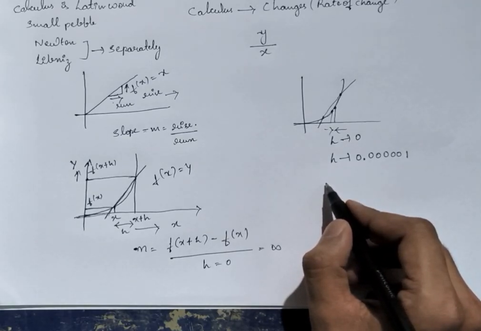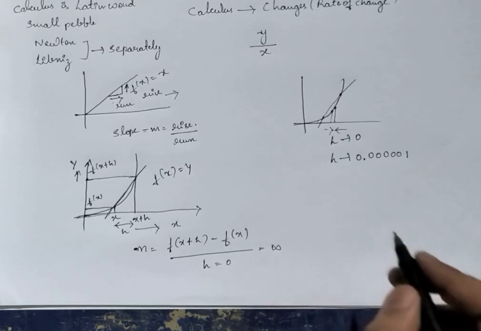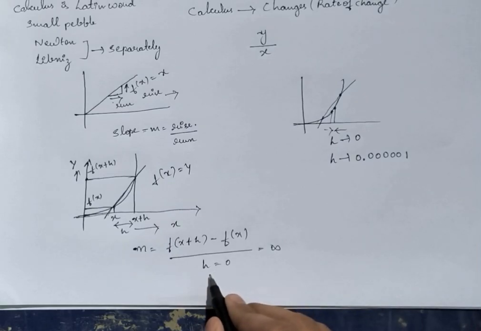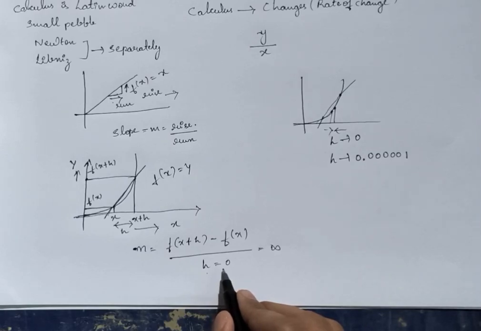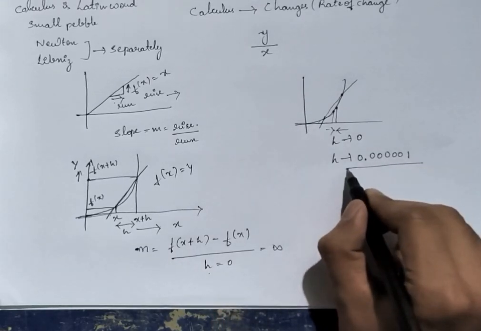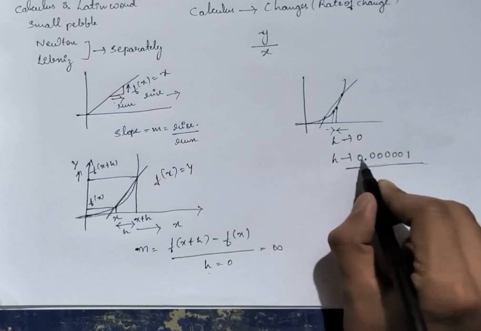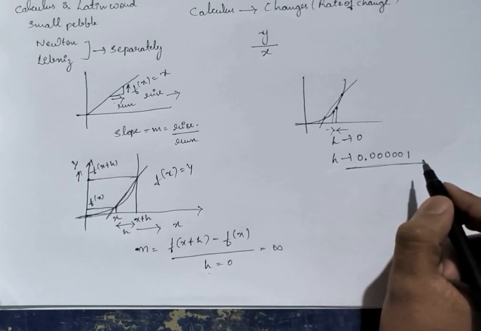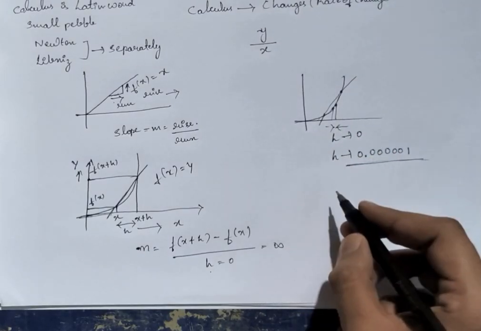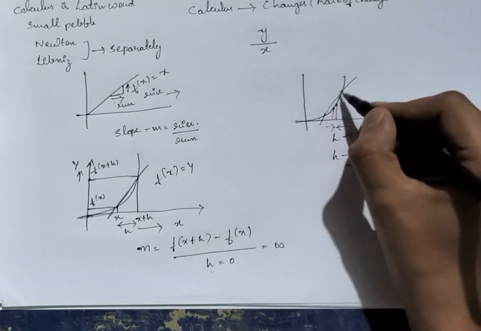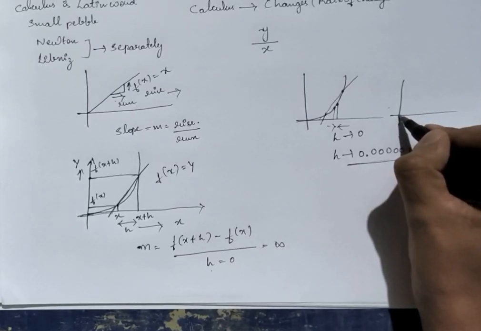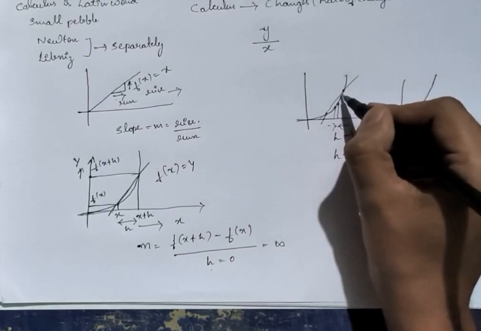So in this way, calculus tells us we have to make h not equal to 0 but nearly equal to 0. At this point, h equal to 0.00001, we get very high accuracy of this slope. So the secant becomes almost equal to the tangent.